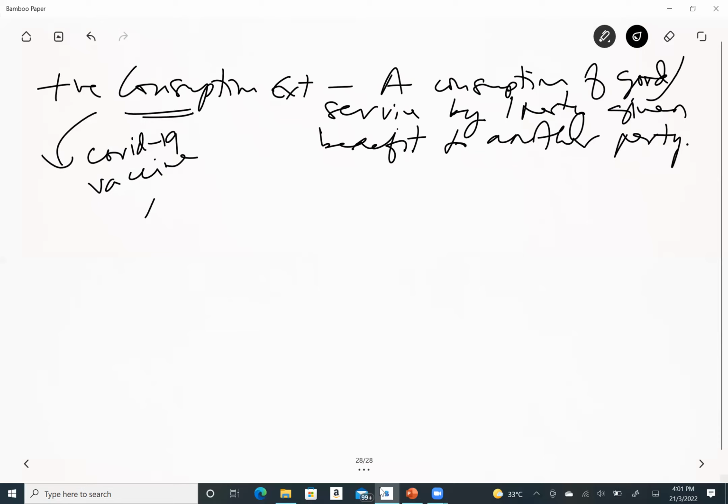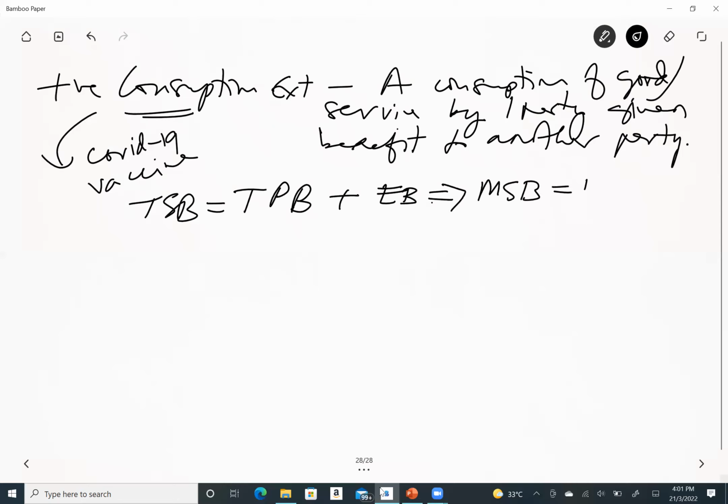So the total social benefit, now the effect is on the demand function, is equal to the total personal benefit plus an external benefit. So in terms of marginal, we have marginal social benefit equal to the marginal benefit plus MEB.